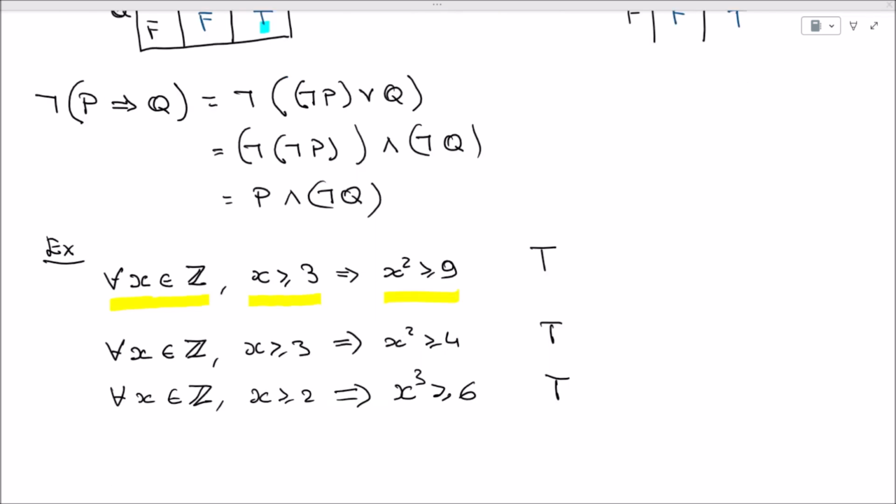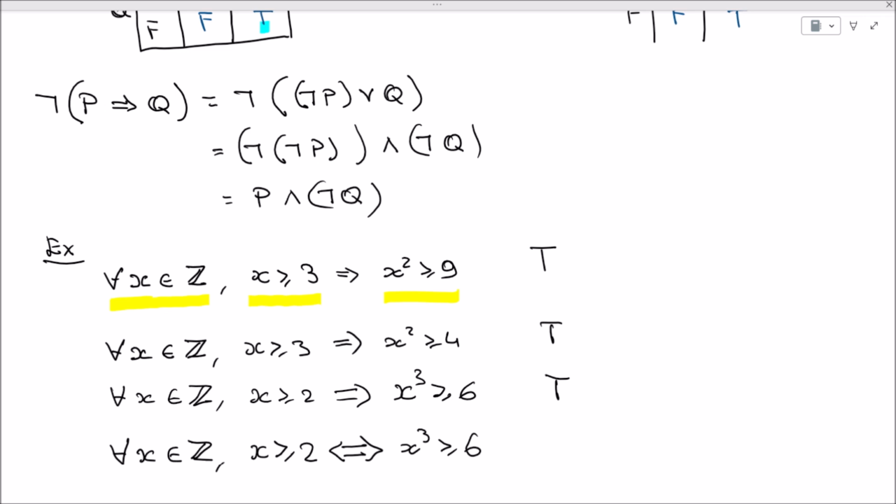Let's consider now the following proposition. For every x in Z, x is larger than or equal to 2 if and only if x to the cube is larger than or equal to 6. Is this true or false?